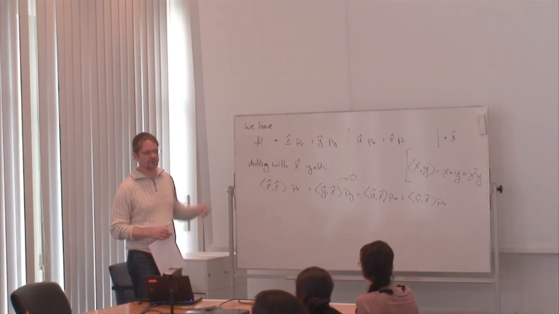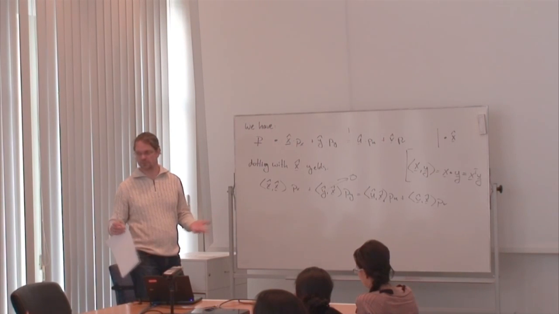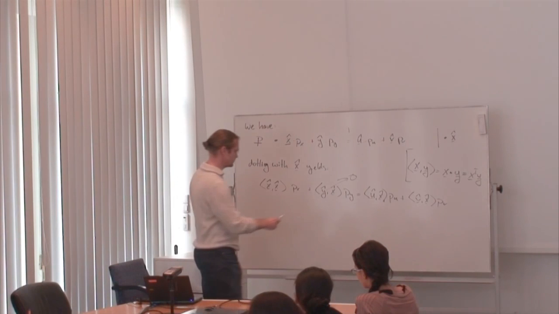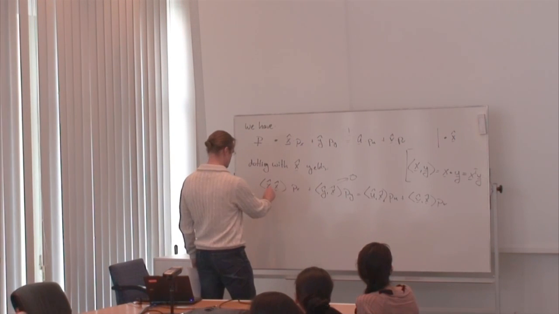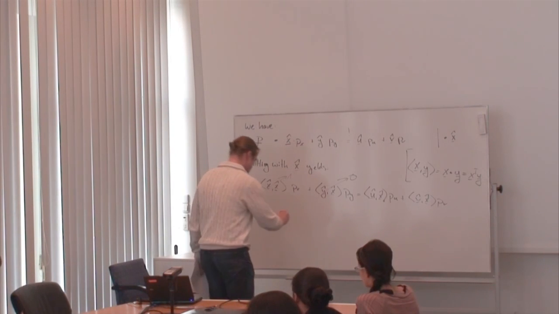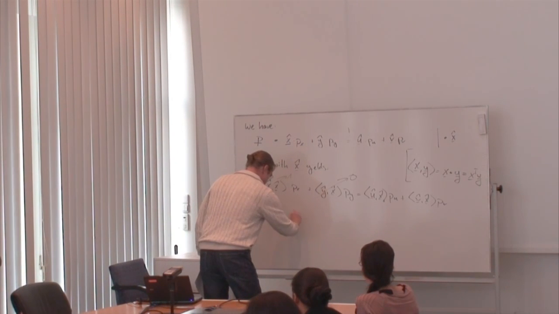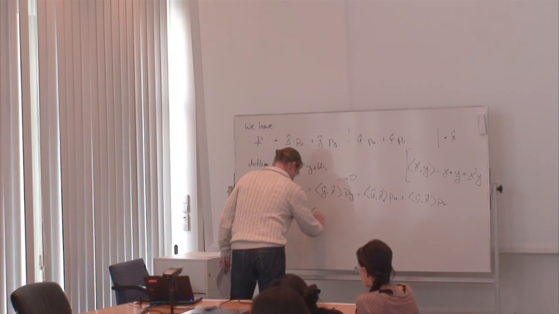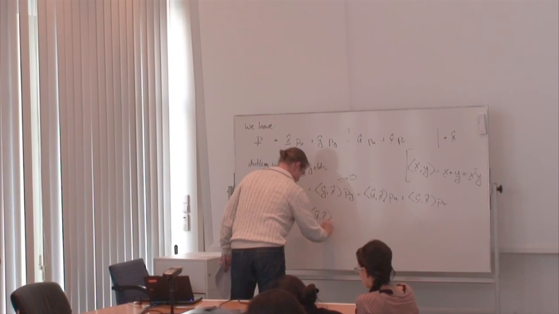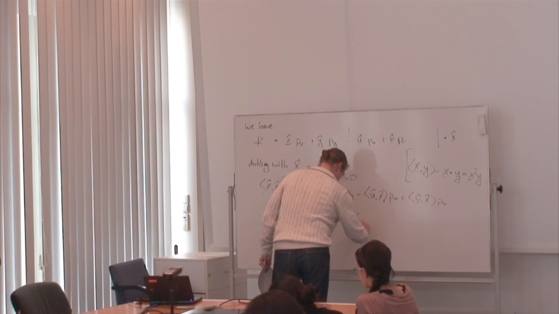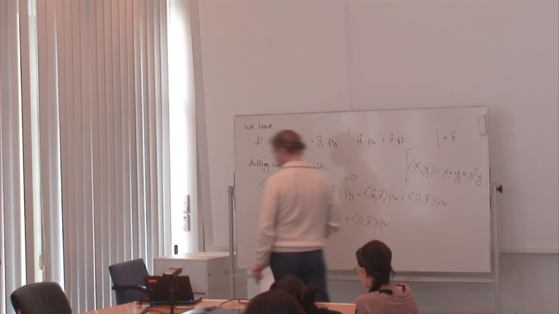But x hat is a unit vector. Its norm is 1. 1 squared is 1. So this whole equation boils down to, this here is 0, this is 1. So we have px is the inner product of u hat and x hat times pu plus the inner product of v hat and x hat times pv.